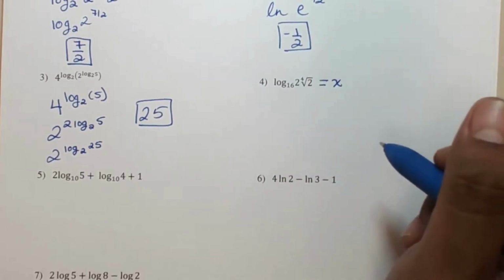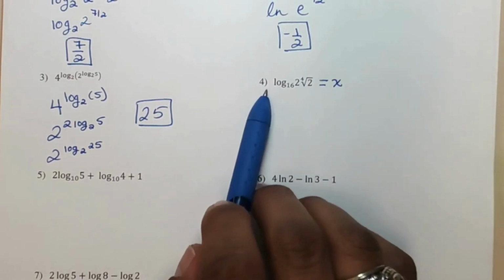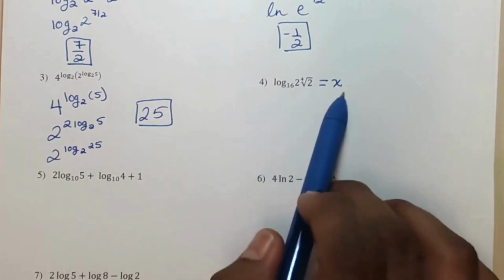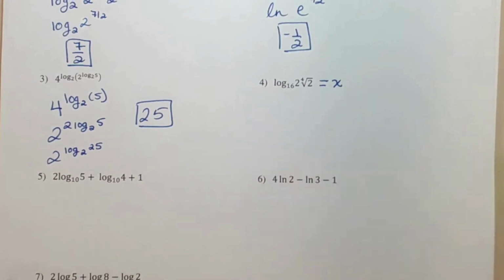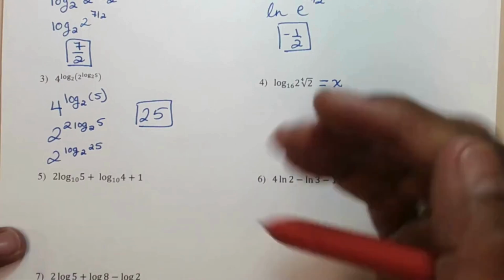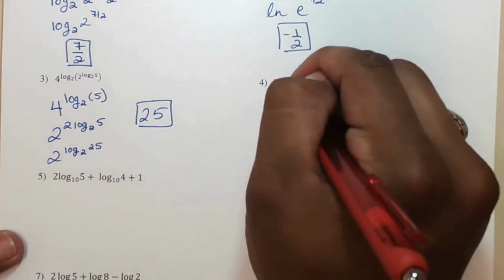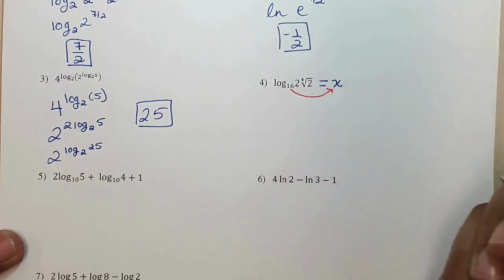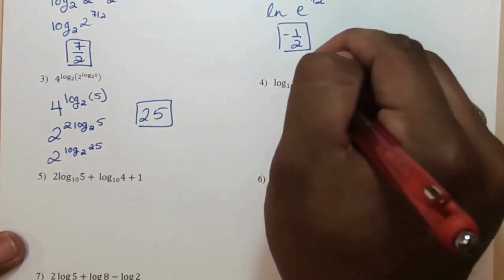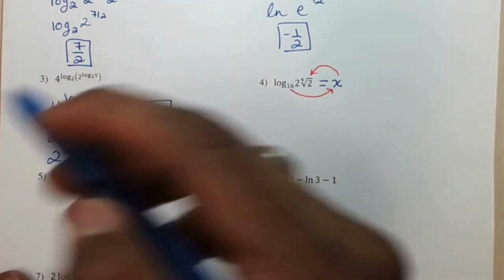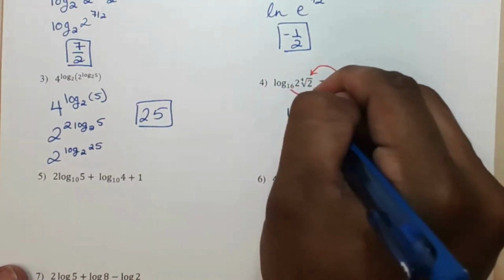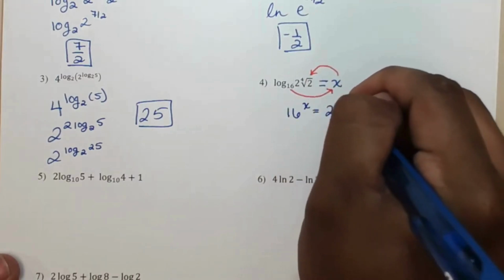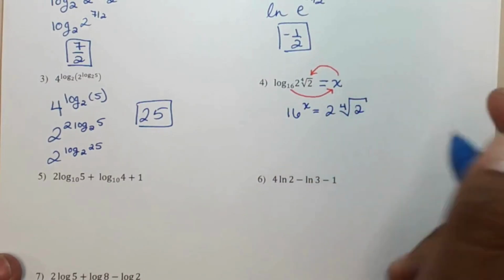There's a couple of different ways you can do this. You can put a base of 16 on each of these, or you can do what we call the log roll. I'm going to take the base of my log, raise it to what it's equal to, and then set it equal to the number on the inside. So that looks like 16 to the x equals the 4th root of 2.